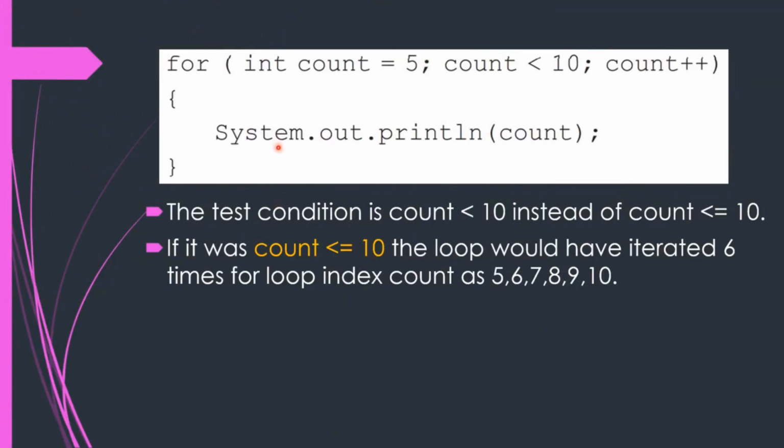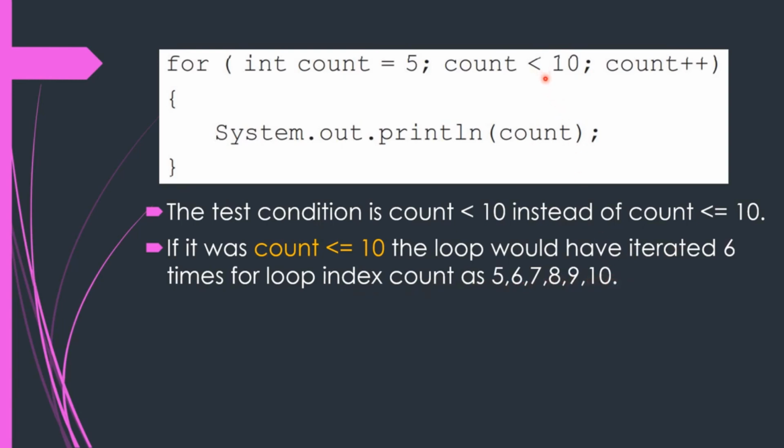Now, if suppose here the test condition was count less than or equal to 10, as I just told you that here it is only written less than and not less than or equal to. So, if it was written here count less than or equal to 10, then the loop would have iterated 6 times for loop index count as 5, 6, 7, 8, 9, 10, because here we have written equal to.